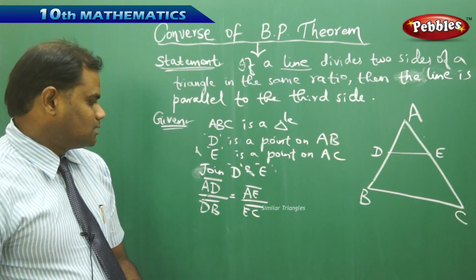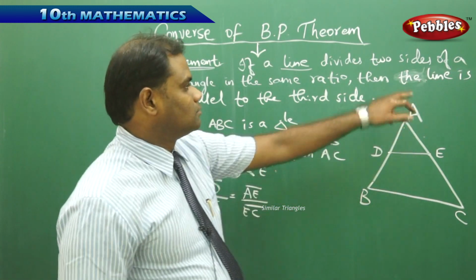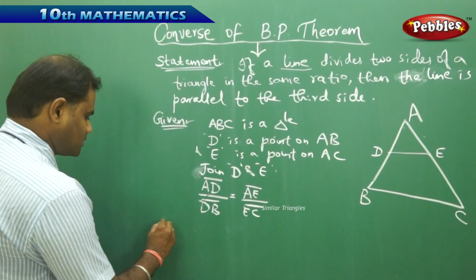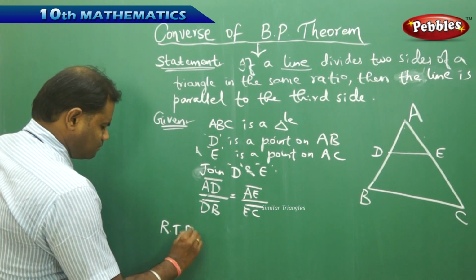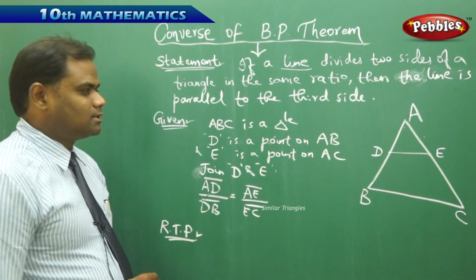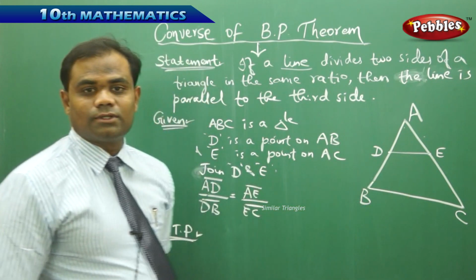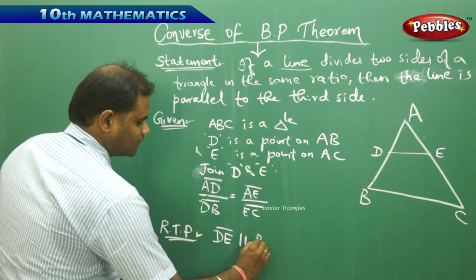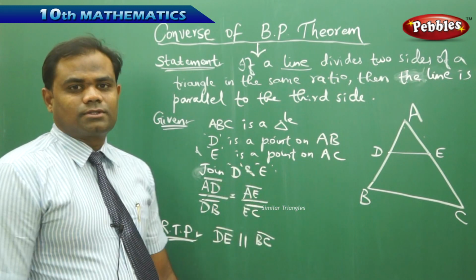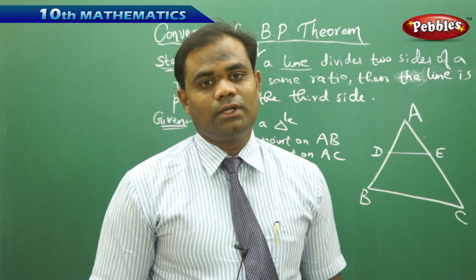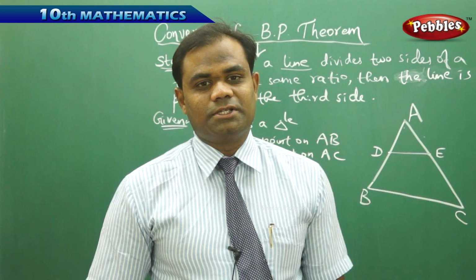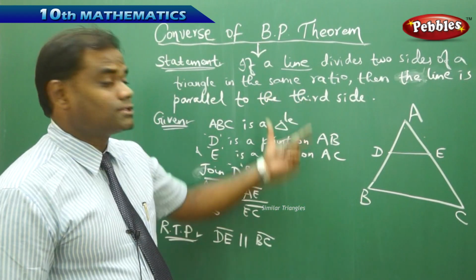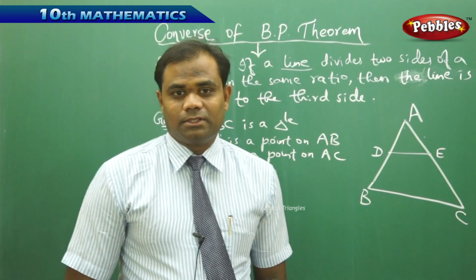Now from this, let's see what we need to prove. I need to prove that the line is parallel to the third side. That is, DE is parallel to BC is what I need to prove in case of the converse of basic proportionality theorem. So let's see the proof of the given statement using some mathematical properties.